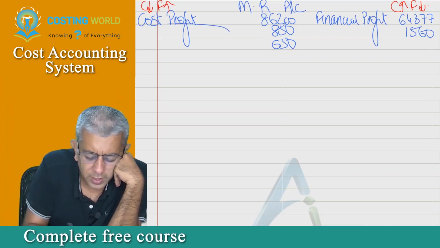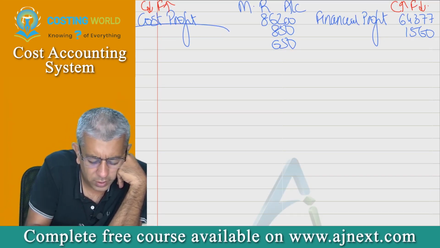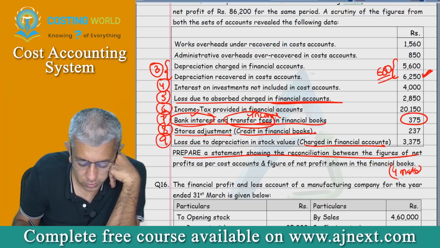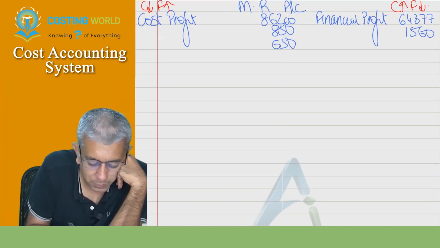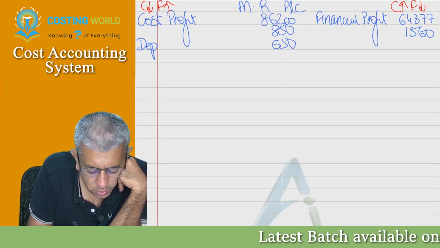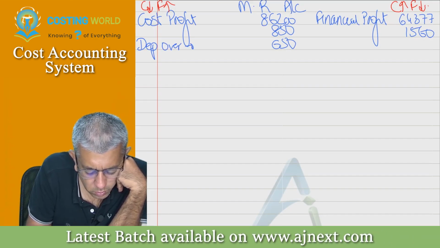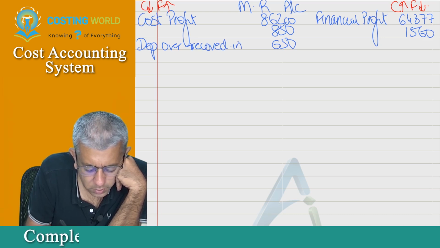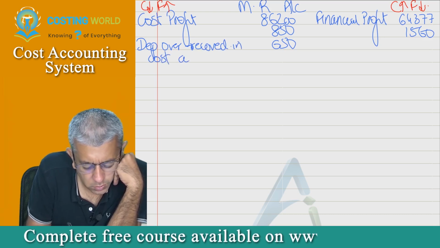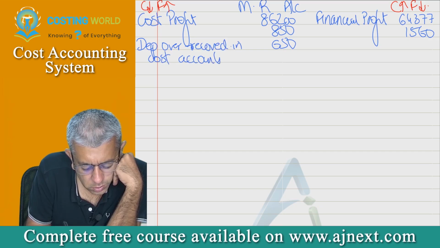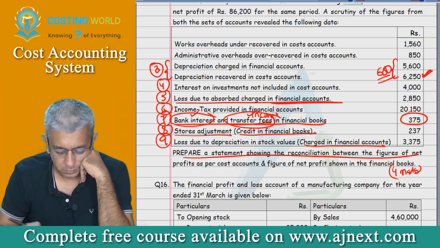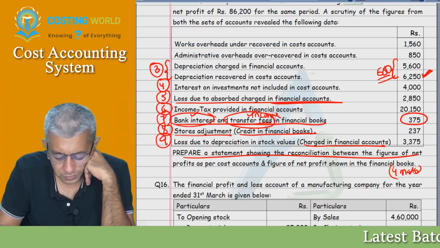And I guess we can write the same words that we have written over here. Exactly the same words. So, depreciation over recovered or over absorbed means the same particular thing only in cost accounts. Further.